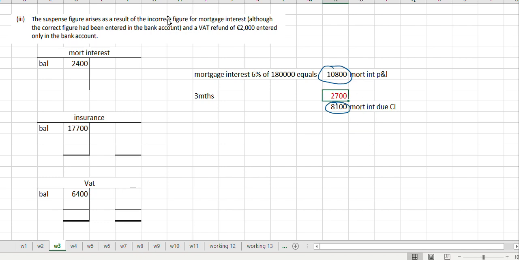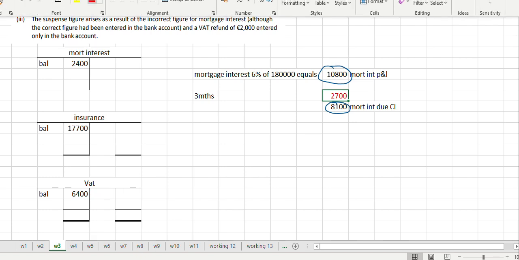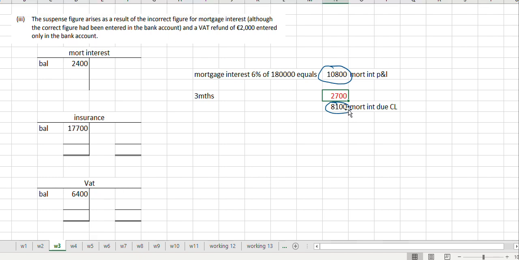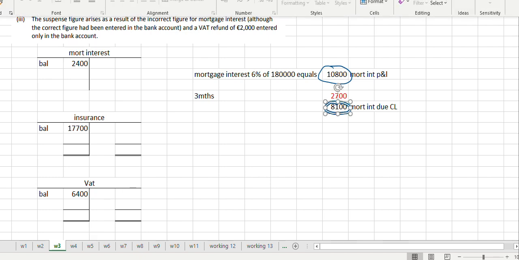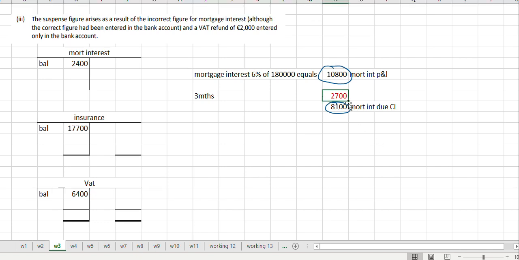Okay, so I'm just going to change color to highlight these. So that one should be red. Okay, we'll leave it circled. Okay, so we can see here our mortgage interest, one figure for the P&L, 10,800. Mortgage interest due 8,100.